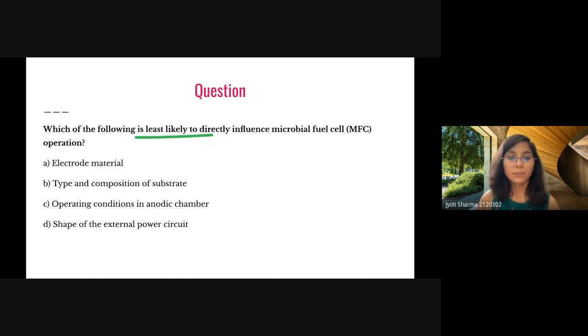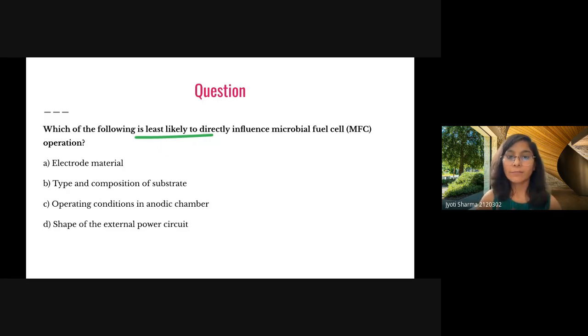Okay, so yes, let me show you different factors on which your microbial fuel cell will depend. The first is electrode material, what kind of material you are using, either carbon cloth or a different type of material, and what pH you have for the buffer.